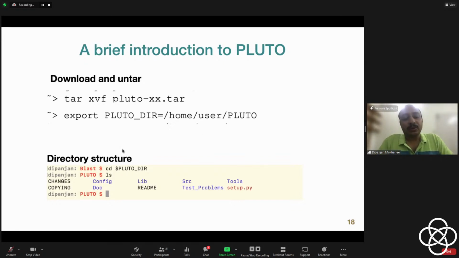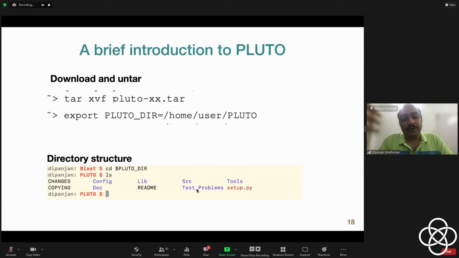But when you go to the source directory of Pluto, you will find that there are the following directories. What will be really relevant for an interested person is the directory called SRC, because SRC has all the individual routines for the different functions of Pluto, and Pluto is written in C. Inside tools, there are helper routines for visualization using Python or IDL or even GNUplot, and then there are some test problems.